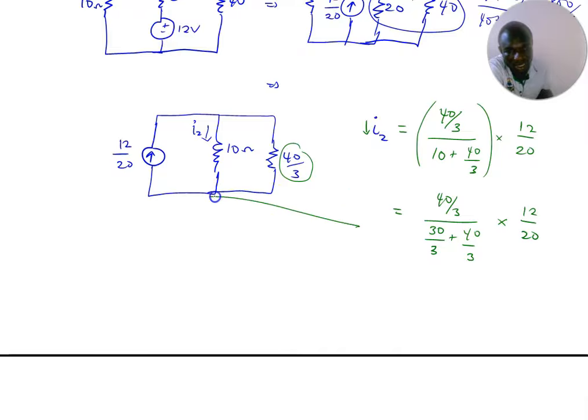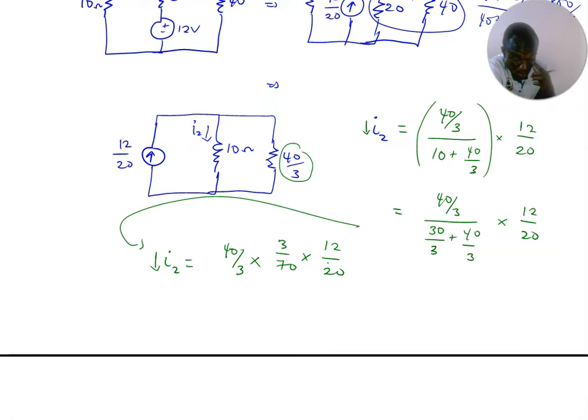So what do we get here? We are going to get the I2, which is moving downwards, as 40 on 3 times, if I simplify this one, 3 on 70, right? Times the 12 on 20. Are you okay?